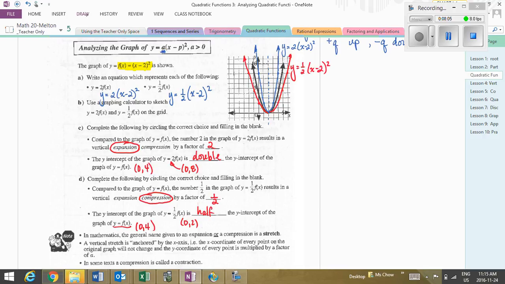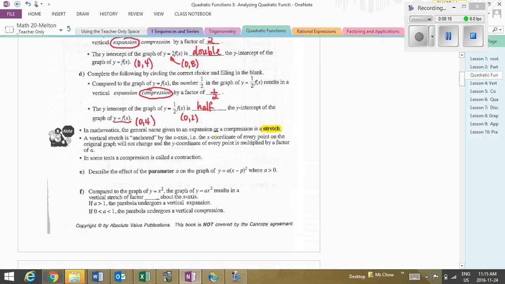So as I've been calling it, it is a stretch factor, and the stretch factor is anchored by the x-axis, and that tells us that the x-coordinate will not change. The y-coordinate is going to be multiplied by the factor of a going through it. So the parameter a is going to be a vertical stretch factor of a.